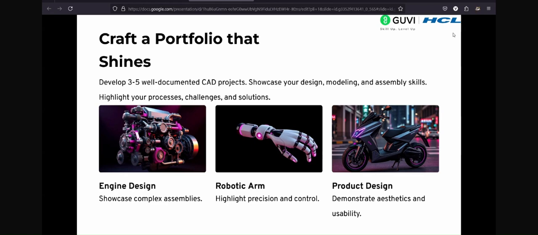You can see the smoothness on that surface, that is done with the help of surface modeling. That highlights your technical skills. Same with the last part: the automotive design is a product design, and it generally highlights the aesthetic design of that scooty, right?